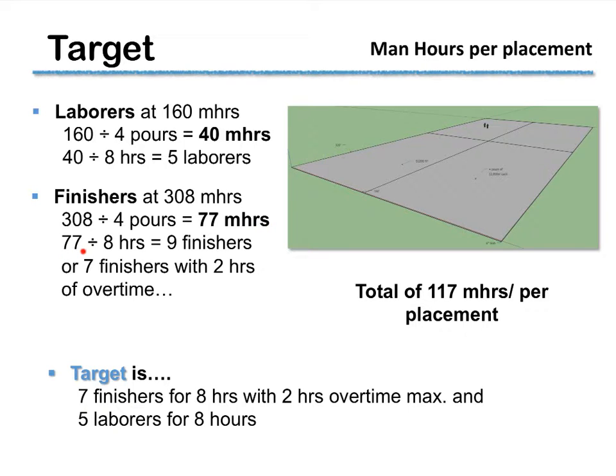If we use 77 divided by 8, we get 9 finishers for 8 hours, or we could look at it as 7 finishers with 2 hours of overtime. And we'll talk about overtime here in a little bit, just in case some people don't understand it. So the target is 7 finishers for 8 hours with maximum of 2 hours overtime, and the laborers is 5 laborers with 8 hours.